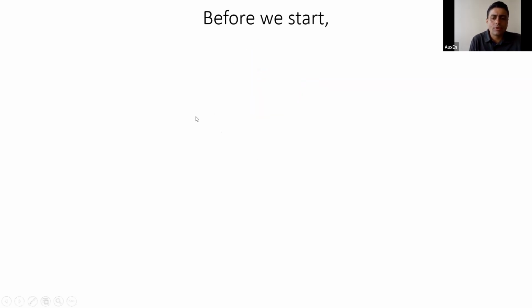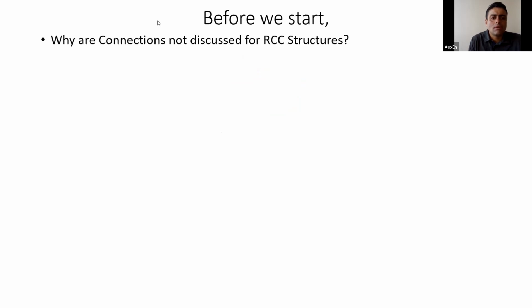Before we start, why are connections not discussed for RCC structures? Why do we discuss connections only for steel structures?